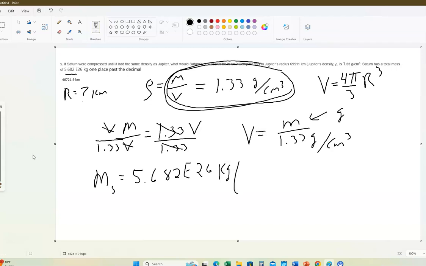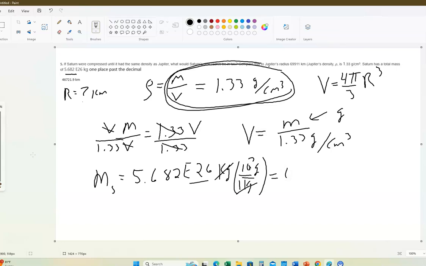And remember, 1 kilogram is, of course, 10 to the third, 1,000 grams. So 10 to the 26 times 10 to the third, you just add the exponents.